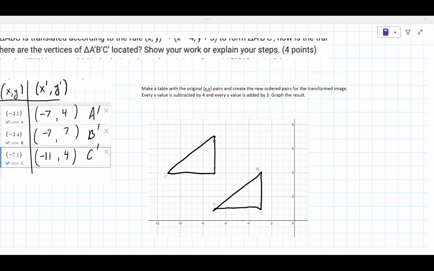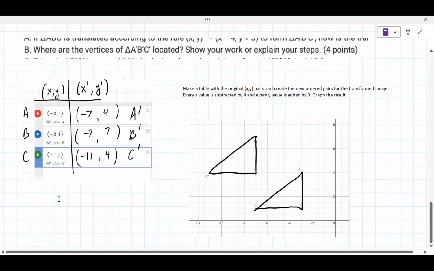I'm just going to put part A just to make it clear, then put part B for this. Part B: make a table of original x, y pairs to create the new ordered pairs of the translation.